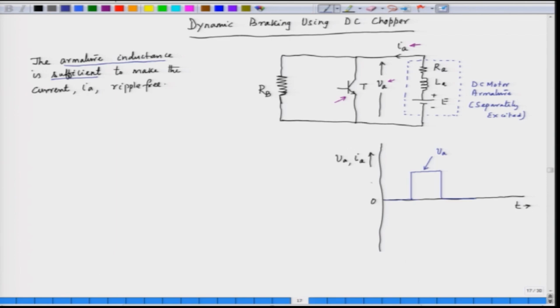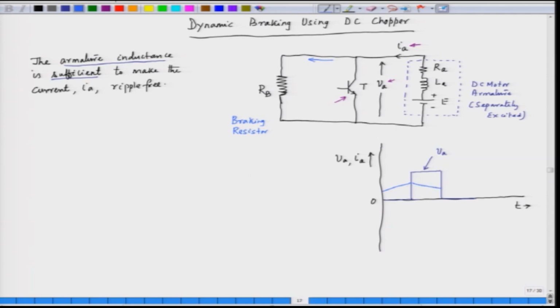So, the current through the armature will gradually rise exponentially, and then when the switch is open, the current will flow through the braking resistor. This is the braking resistor. Now, we have assumed that the current is ripple free, so this ripple is almost negligible.